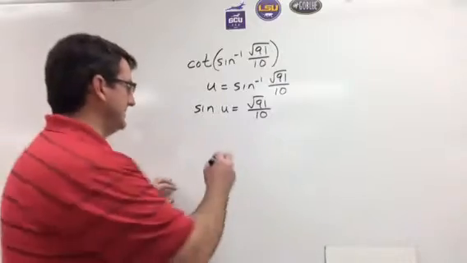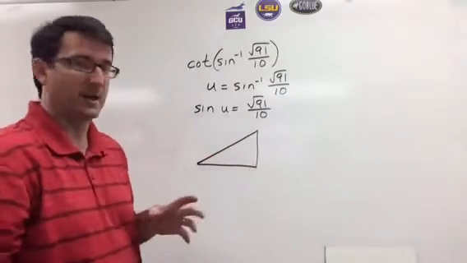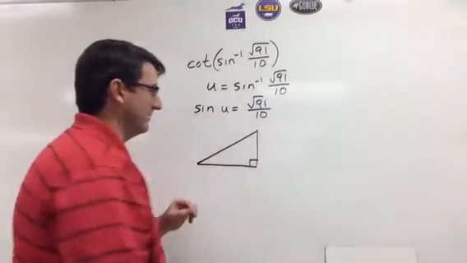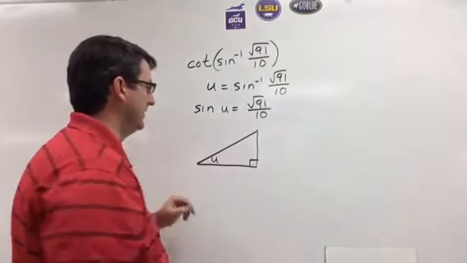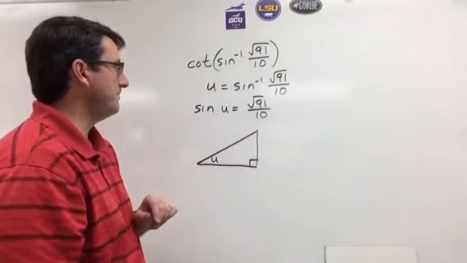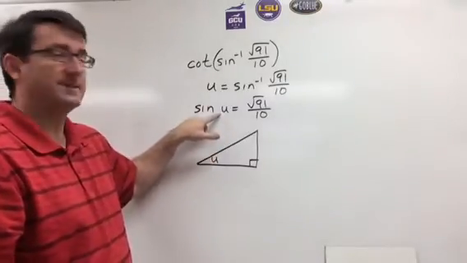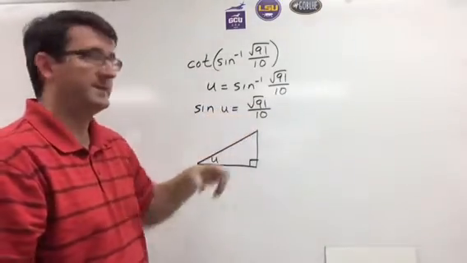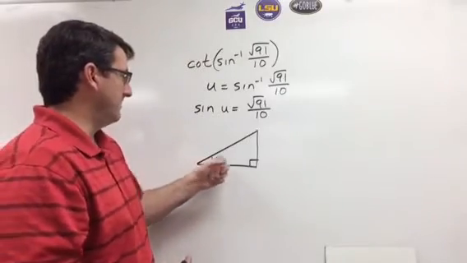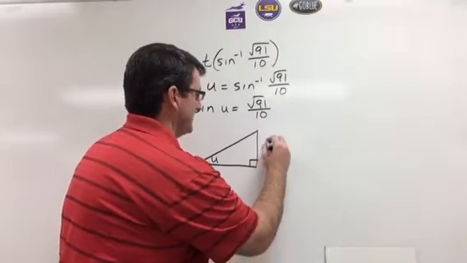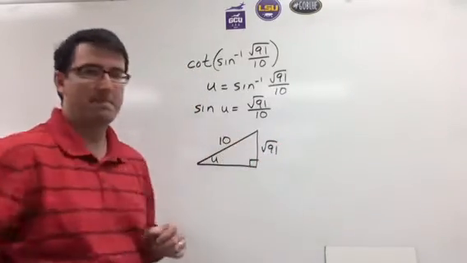What that allows us to do now is draw a little triangle here. It doesn't really matter what the triangle looks like other than it needs to be a right triangle, and one of our acute angles needs to be u. If this is u and the sine of u is the square root of 91 over 10, since sine is opposite over hypotenuse, this opposite side needs to be the square root of 91, and this hypotenuse needs to be 10.